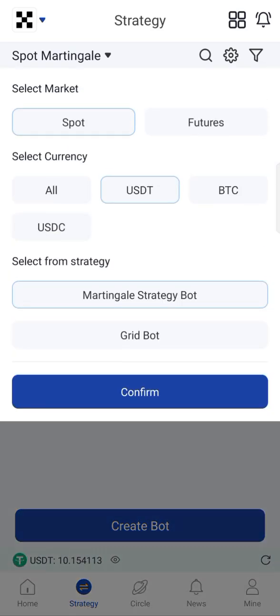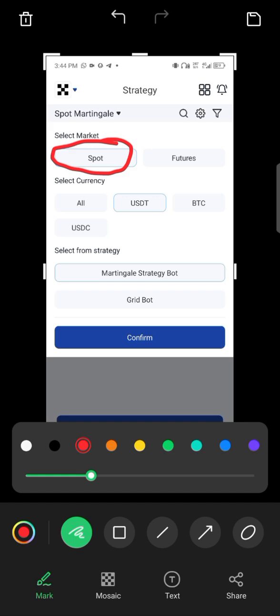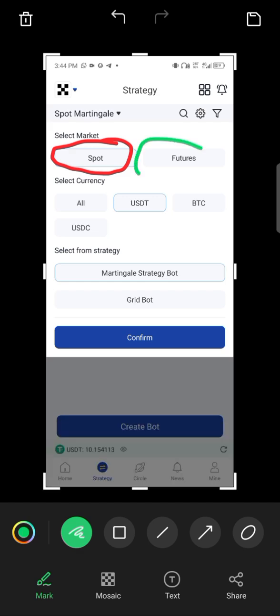As you can see on the screen, I can choose spot here, or I can also choose futures here. These are the two types of markets that we'll be dealing with. And all the currency that we'll be dealing with is USDT. USDT is the currency that we'll be dealing with in all our trading. So you choose USDT.